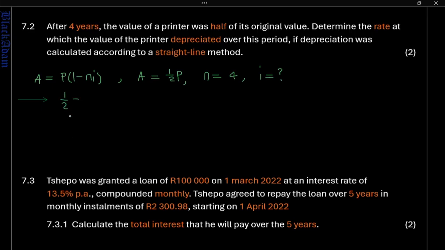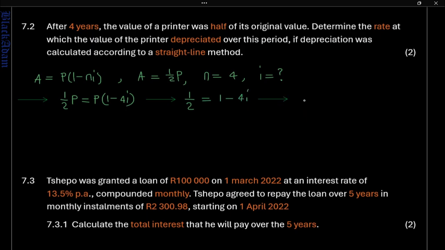So half P equals P bracket 1 minus 4 times i. Dividing by P, the P cancels out, so we have half equals 1 minus 4i.